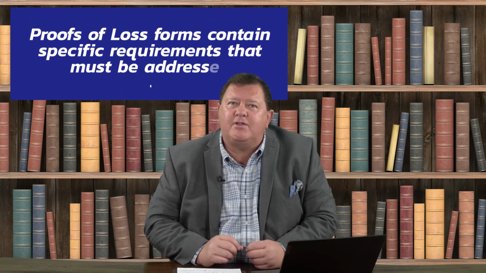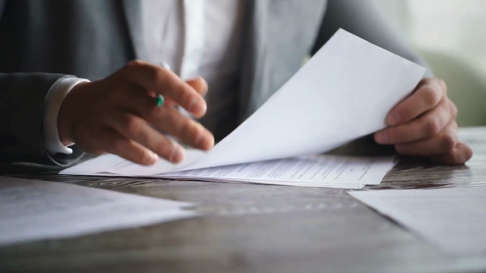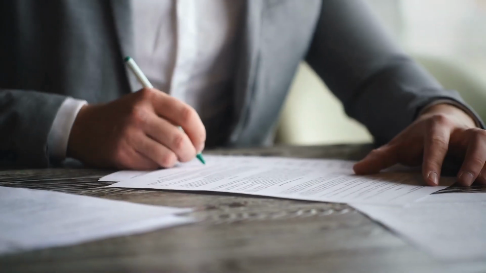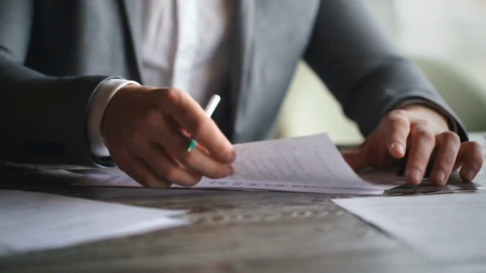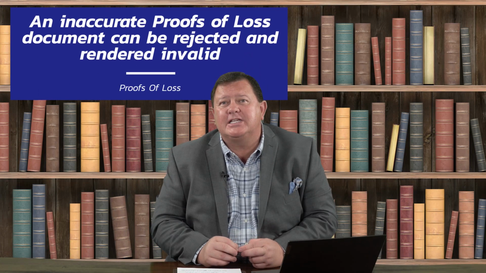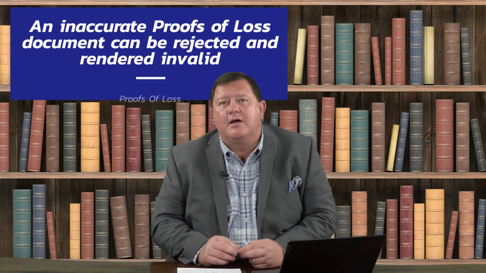If you use a proof of loss that does not have everything that particular policy requires, because that's what it is, a proof of loss is information. If you don't have all that information that the policy requires, your proof of loss is no good. It can be rejected because it's technically deficient. So my suggestion, always use the carrier's proof of loss.